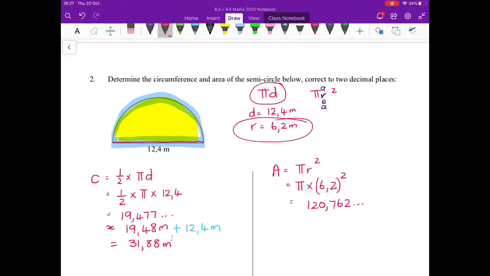But remember, I round off. I will do that at the end. But now this is only half of my circle. So I've got to multiply this by half, and my answer will be 60,3814, round to 2 decimal places. Look at the neighbor. 4 or less, let it rest. So the area is going to be 60,38 meters squared. It is two-dimensional, so that is your final answer.